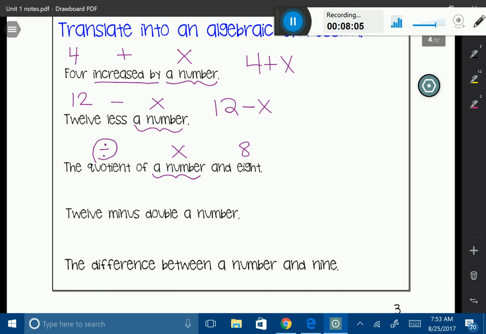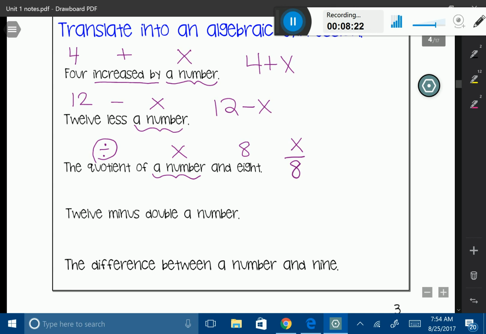Well, as we move into more complex topics in algebra, we're going to start wanting to use the fraction bar instead of the division symbol. So, the quotient of a number and 8, I would represent like this, x over 8.